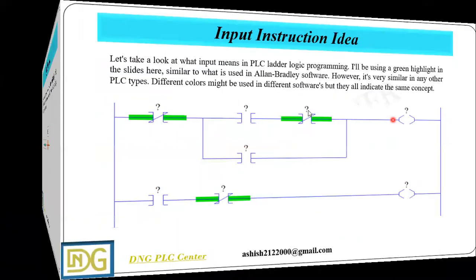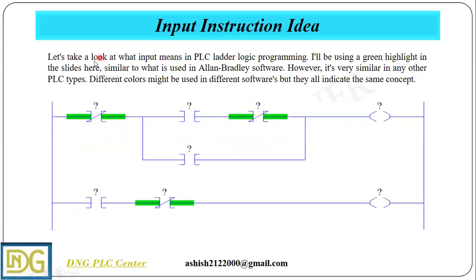On the next slide, let's take a look at what inputs mean in PLC ladder logic programming. I will be using a green highlight in the slides, similar to what is used in the Allen Bradley software. However, it is very similar in any other PLC type. Different colors might be used in different software, but they all indicate the same concept.